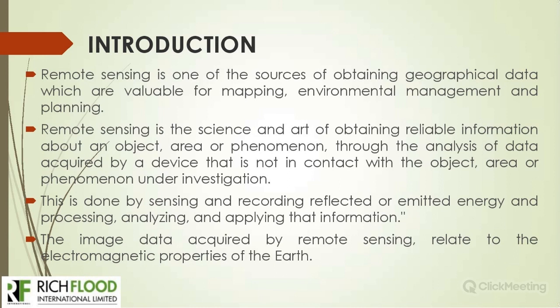And also, the image data that is acquired by remote sensing relates to the electromagnetic properties of the Earth. As we go further in this training, we are going to understand that in the electromagnetic spectrum, different objects on the Earth's surface have different reflectances, and there are several wavelengths within the electromagnetic spectrum whereby objects on the Earth's surface reflect electromagnetic energy that has been emitted from the sun.